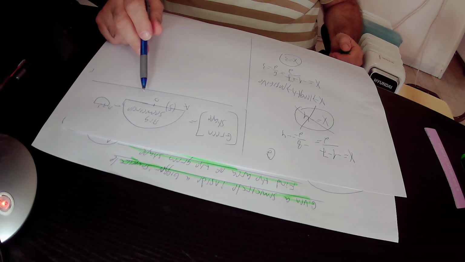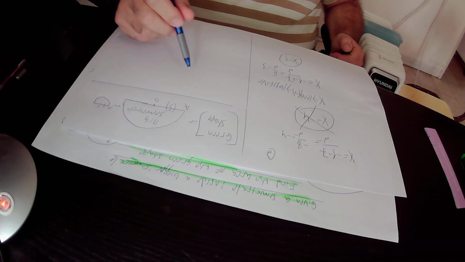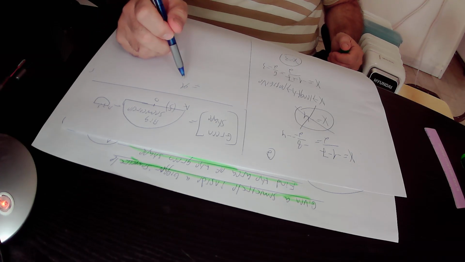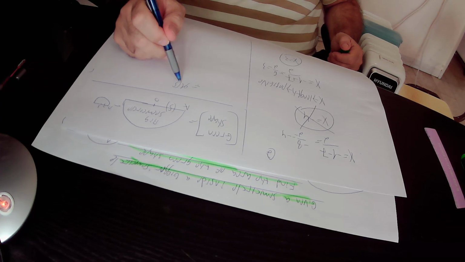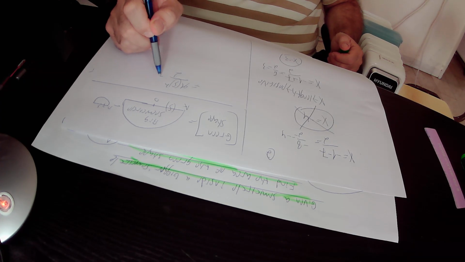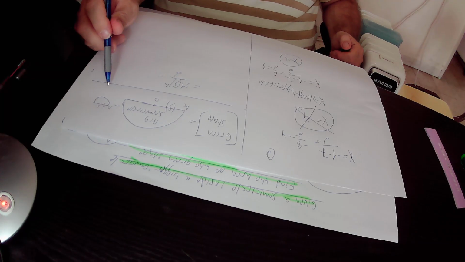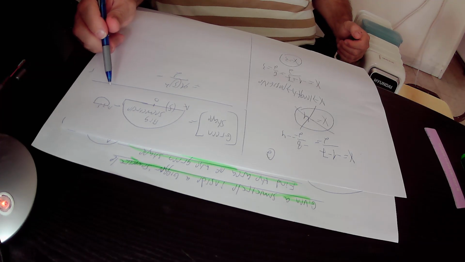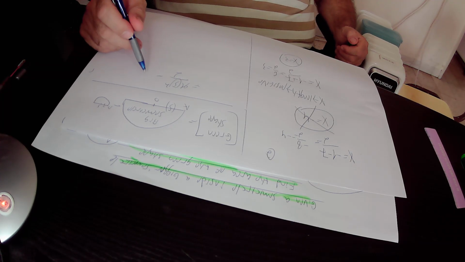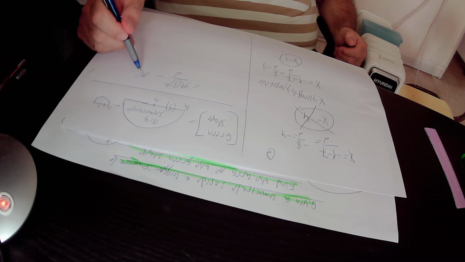The area of the big semicircle with radius 5 is equal to pi times the radius squared over 2. That is to say it is pi times 5 squared over 2, minus the area of the small semicircle. The radius of the small semicircle is 3, therefore its area must be equal to pi times the radius squared, that is 3 squared, over 2.